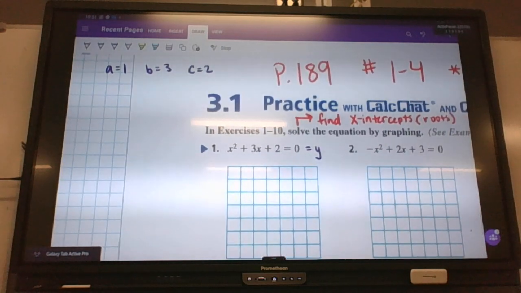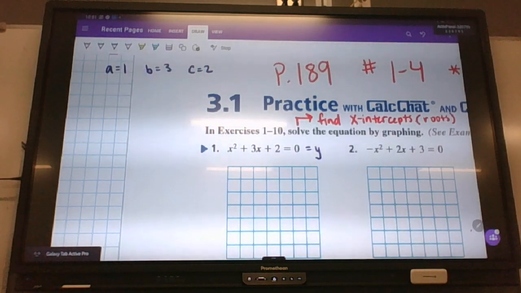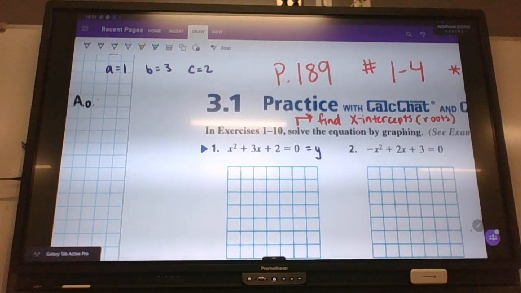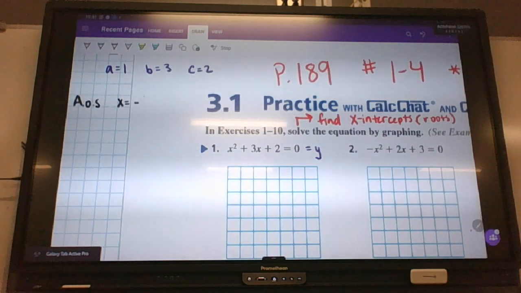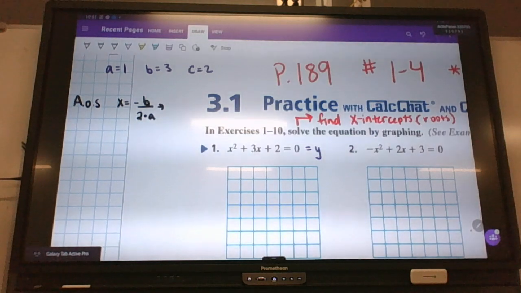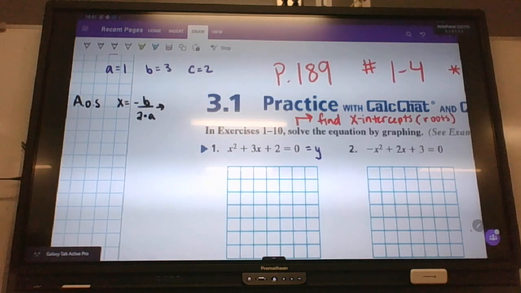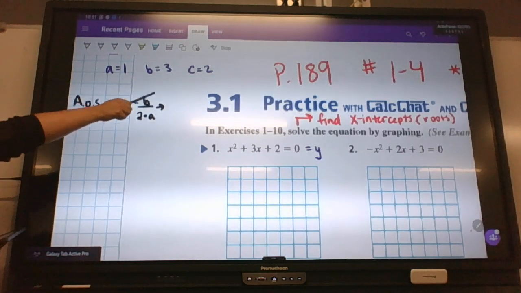So first we list A, B, and C, and then we do the axis of symmetry, which is negative B over 2 times A, because we want to know the center of the graph. Negative B over 2A.